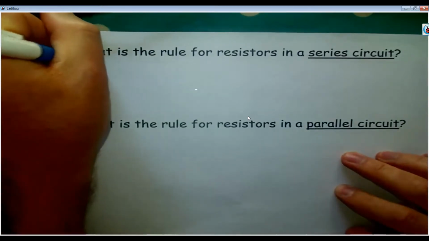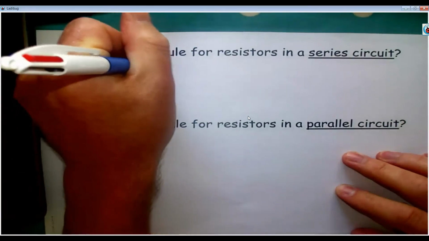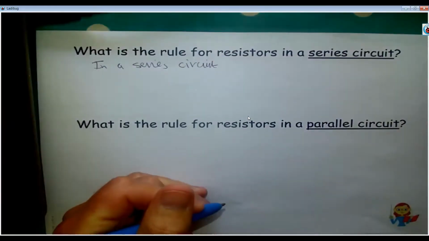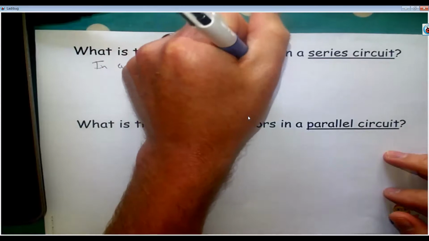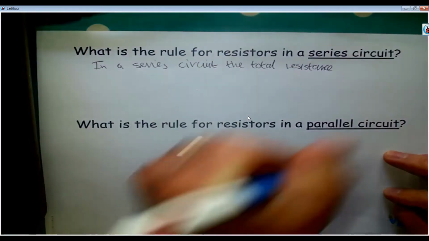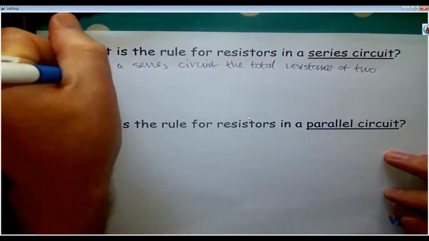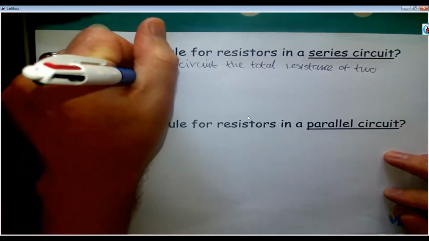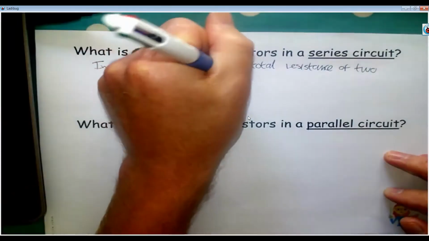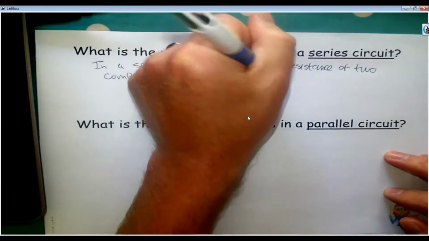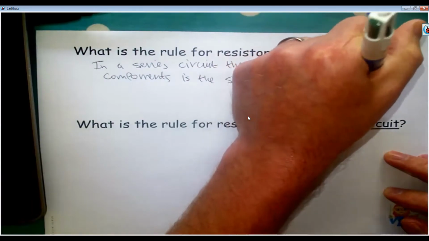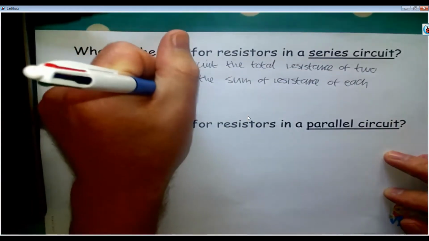So in a series circuit, the total resistance of two components is the sum of resistance of each component.